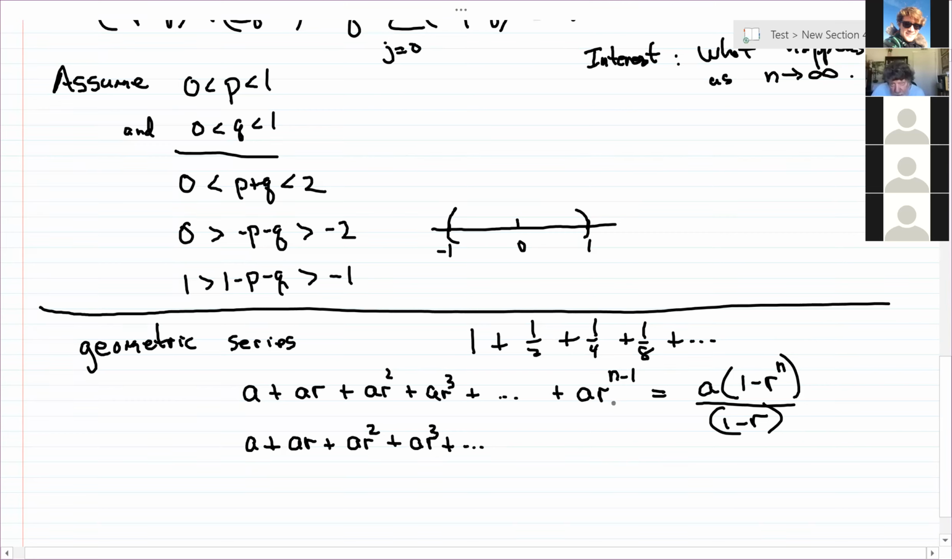But if this is a proper fraction, which means a fraction between 1 and -1, then that will go to 0. And so then the whole formula just goes on forever. And on the right side, when you take a proper fraction to the nth power, it goes away. So what you just get is a over 1 minus r.